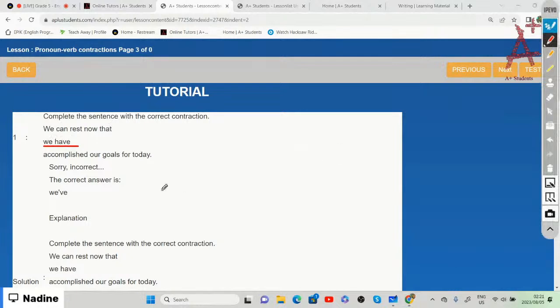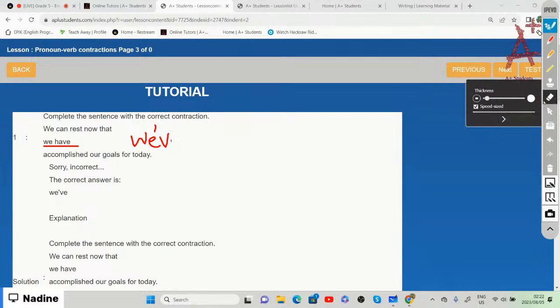So if we write that in the shortened form, then we can say it's we've, right? So we've. So we can rest now that we've accomplished our goal for the day.